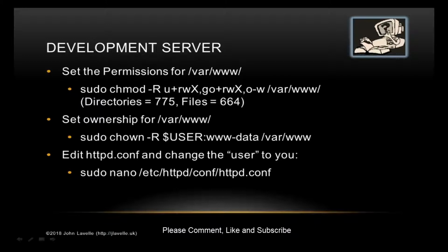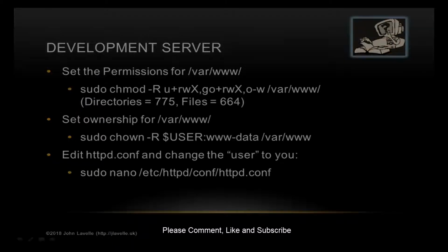Usually it's found in /etc/httpd/conf/httpd.conf. If you use the command sudo nano to edit it, you should be able to change the user and or the group if necessary. Now again, this is for the development servers.